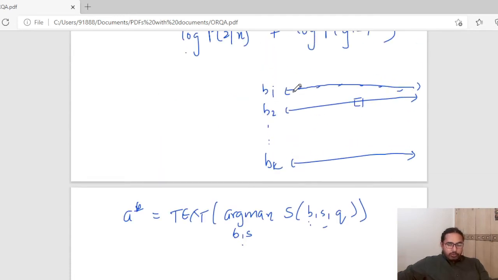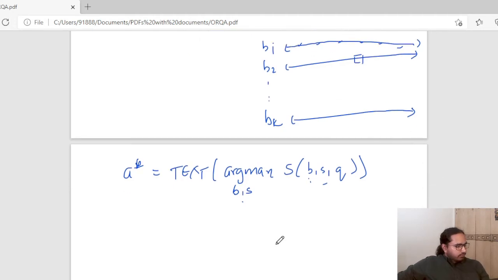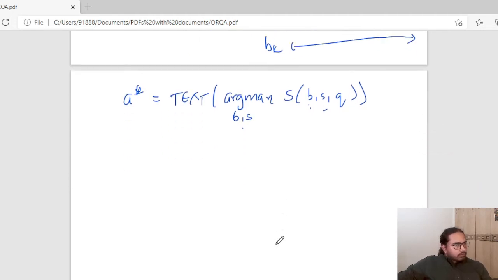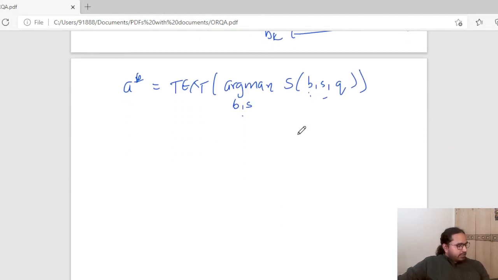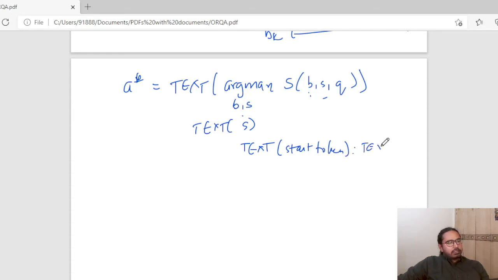I hope you understand visually what just happened in this equation. And text here basically represents the text of a span s, which is nothing but the text present from the start token to the end token.